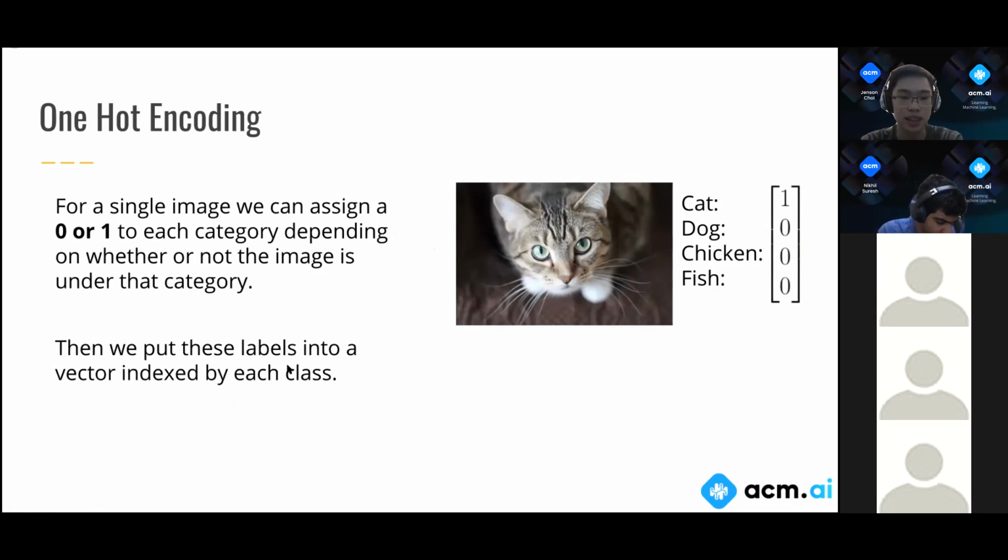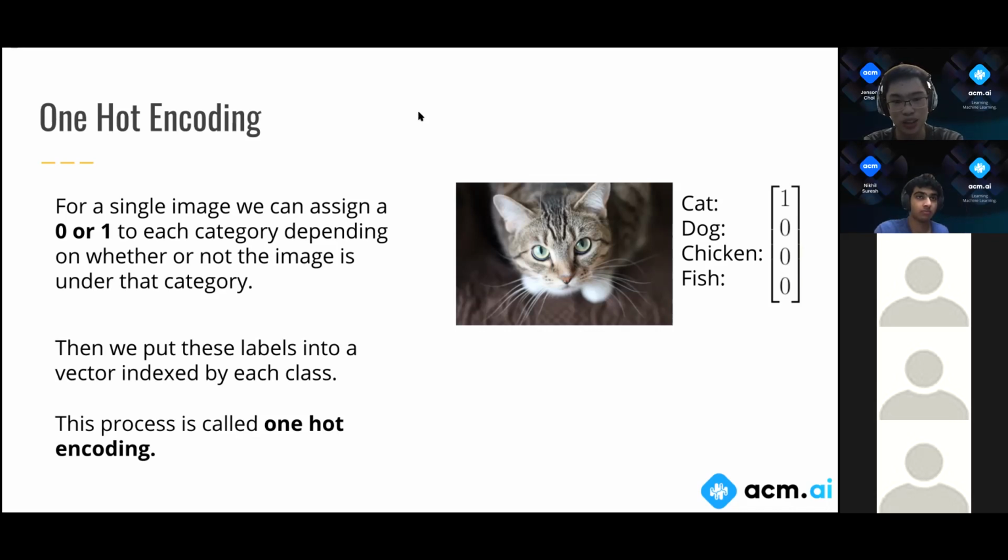Then we put these labels into a vector that's indexed by each class. This process is called one-hot encoding. You can think of it as labeling the hot class as a 1 and the rest as zeros.